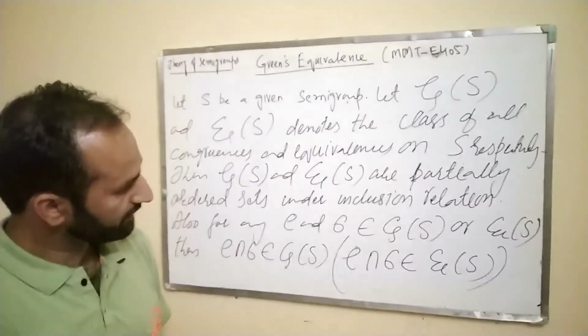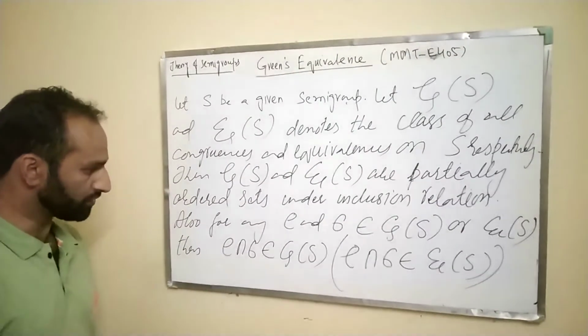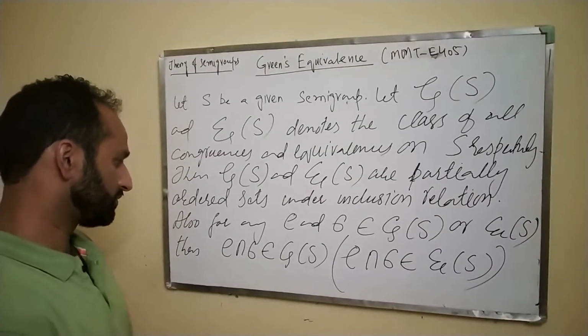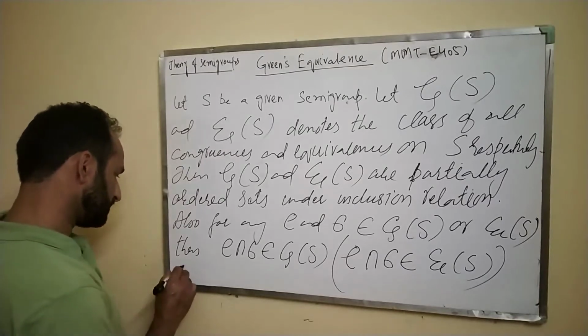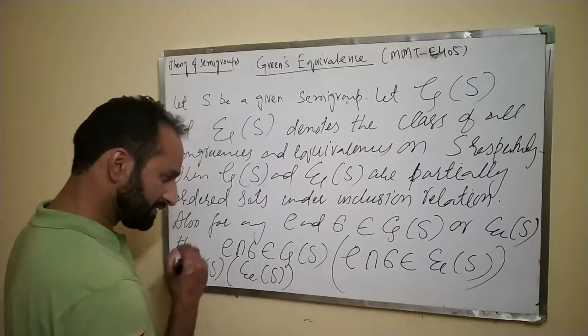Now we see that C of S is closed under greatest lower bound. It contains the greatest lower bound of any two elements.